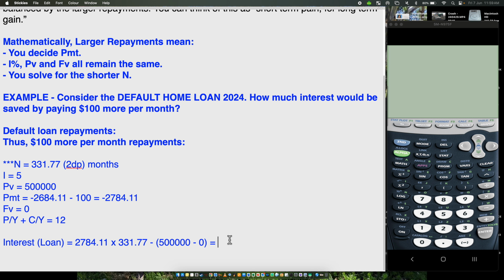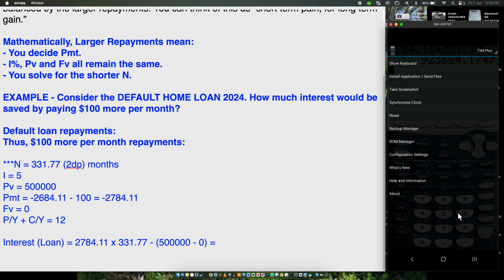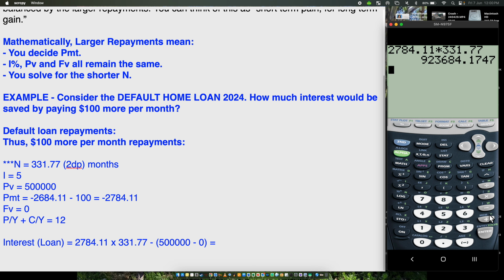Second quit, 2784.11 times by 331.77, take away 500 grand. So if I chose to pay $100 more per month, I'm only going to pay $423,684.17 in interest. Is that more or less than the default?